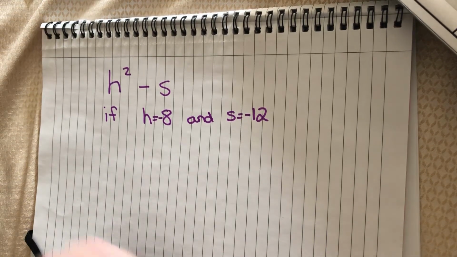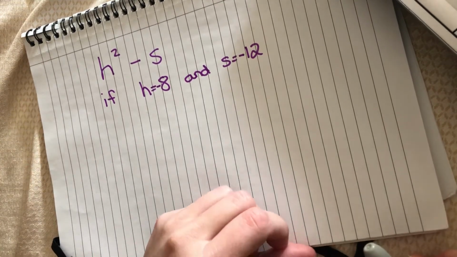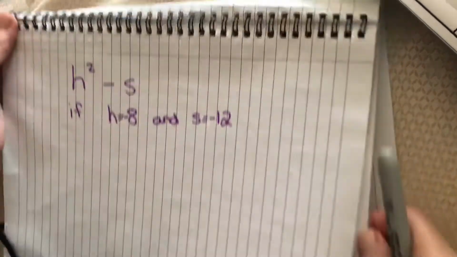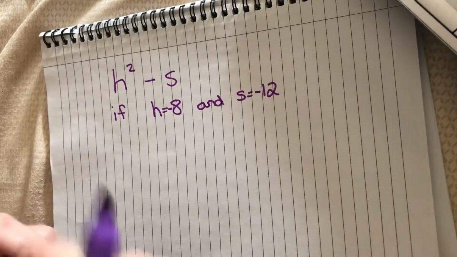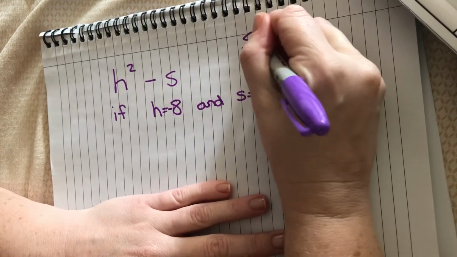Okay, way back in term 1, which honestly seems like about 100 years ago, we did some algebra. So the biggest thing I would think that is important to remember here is substitution.